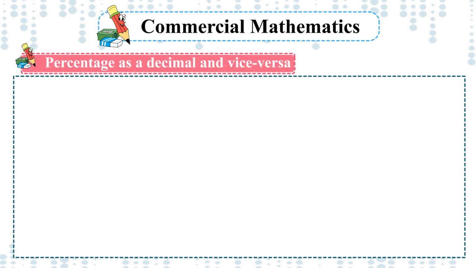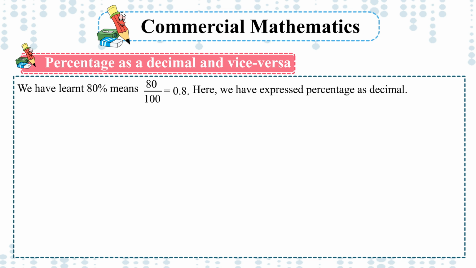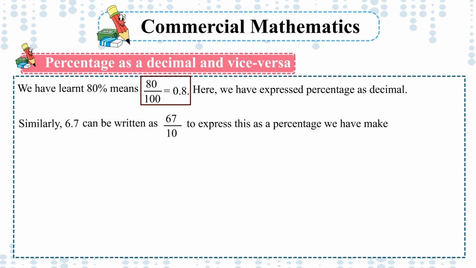Percentage as a decimal and vice versa. We have learnt 80% means 80 upon 100 is equal to 0.8. Here, we have expressed percentage as decimal. Similarly, 6.7 can be written as 67 upon 10.